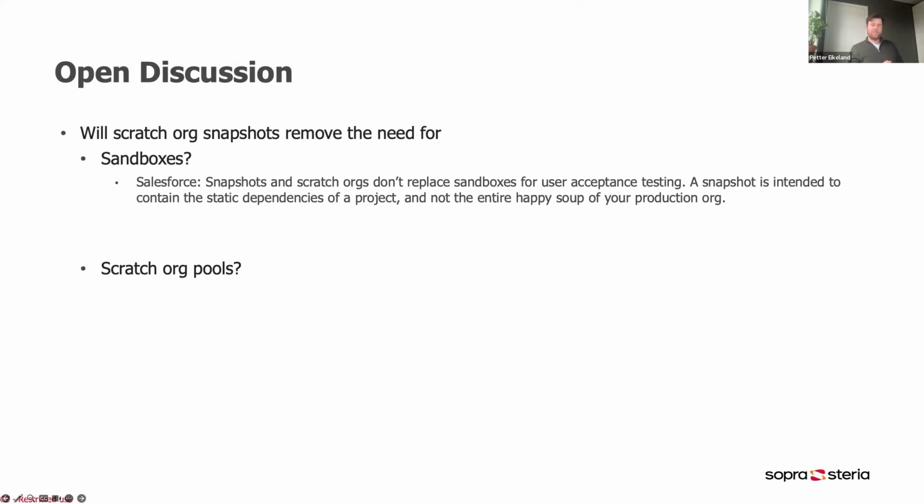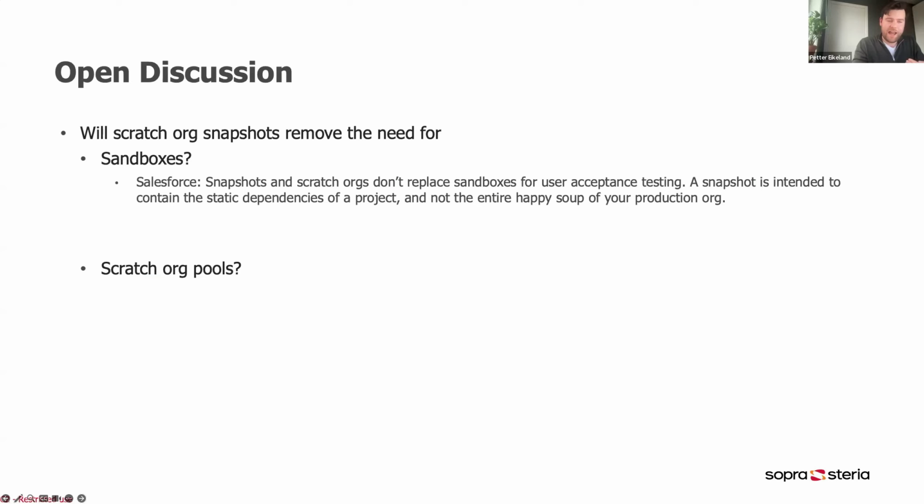Can we now stop having this really or semi-complex process of provisioning these Scratch orgs every night or throughout the day? But the problem is the Scratch org pools or snapshot itself. If you want to create a full snapshot, you need to have the ability to recreate your Scratch orgs from the ground up.